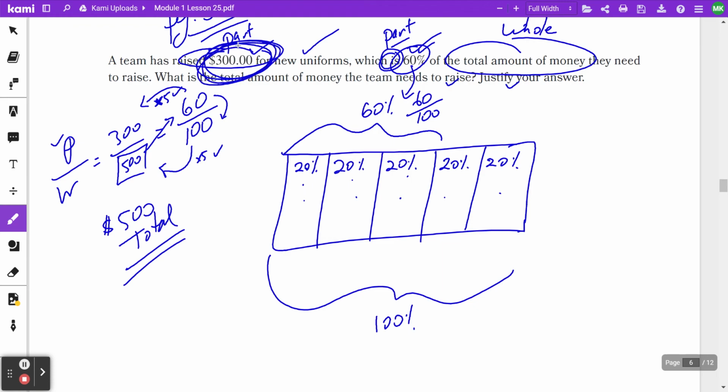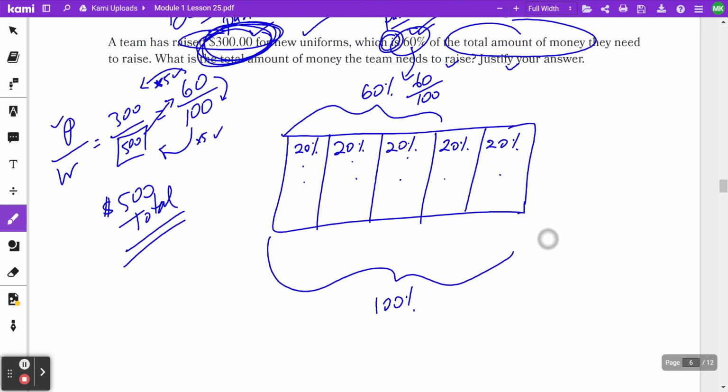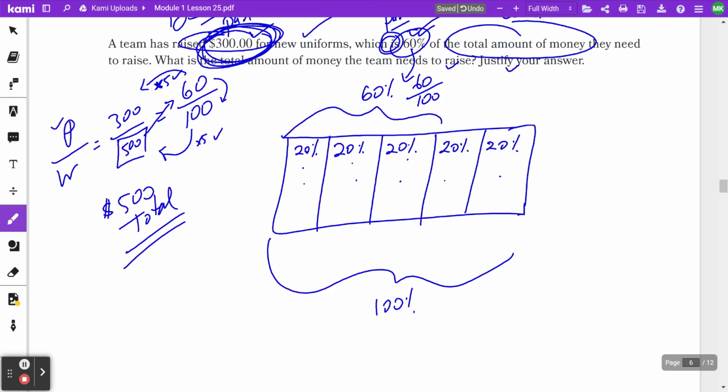And $300 is that 60%, right? So $300 is that 60%. So from here to here is $300. Okay, and well, if that's true, right, I have 3 boxes that give me 300, which means each box is worth $100, right? So if those boxes are worth 100, then all boxes are worth 100.